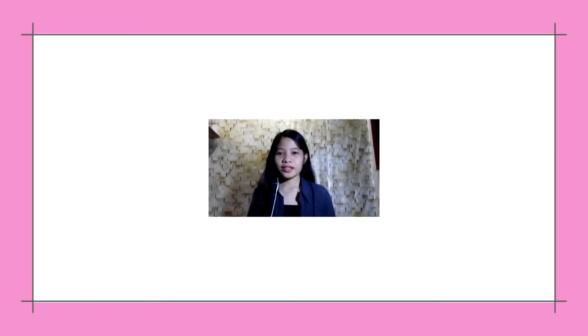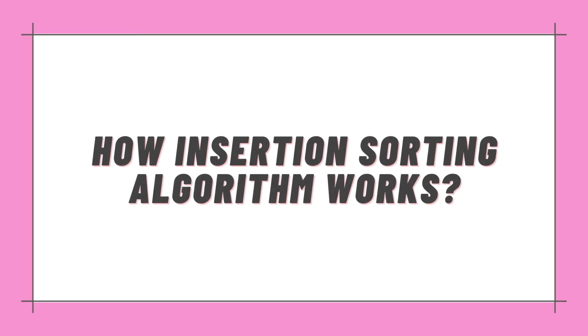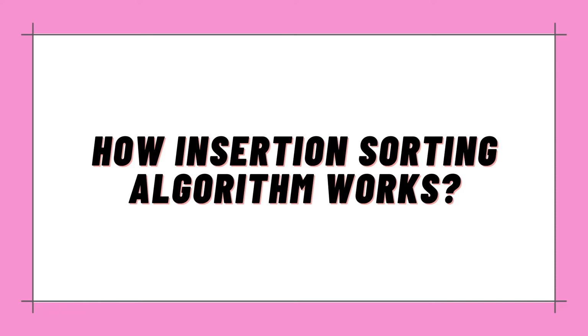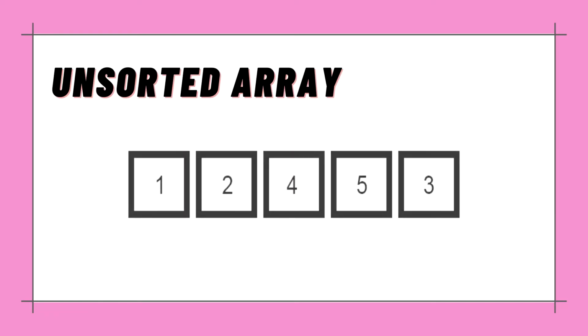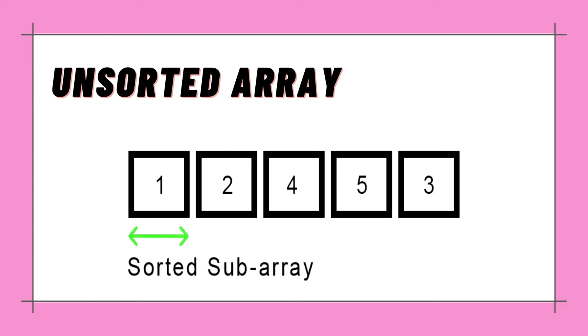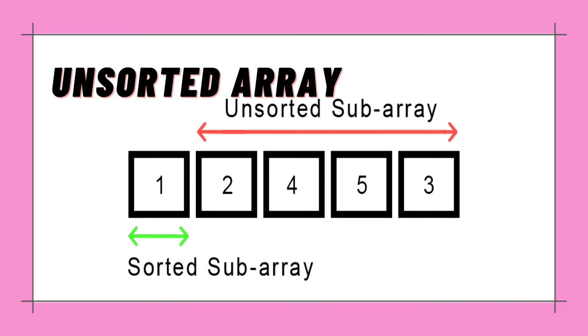The question is, how does insertion sorting algorithm work? Here is an example of an unsorted array. The size of this array is 5 and the arrangement is 1, 2, 4, 5, and 3. In an insertion sort's point of view, the array is virtually divided into sorted subarray and unsorted subarray.